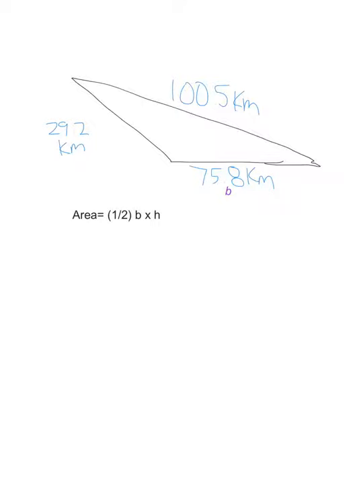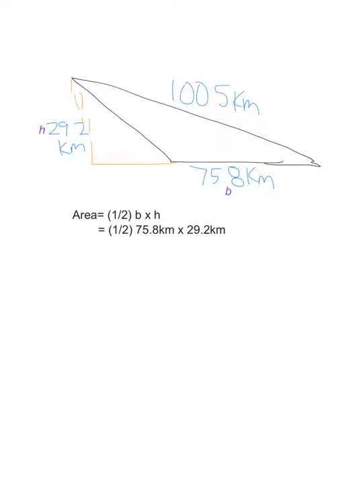Where was the height again in this triangle? That's correct. The 29.2 would be the height in this triangle as shown here. So putting it into the equation, it would be half of 75.8 kilometers times 29.2 kilometers.